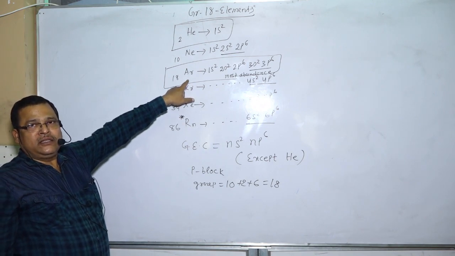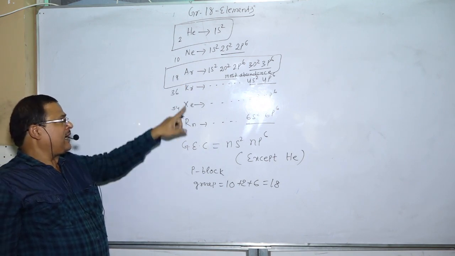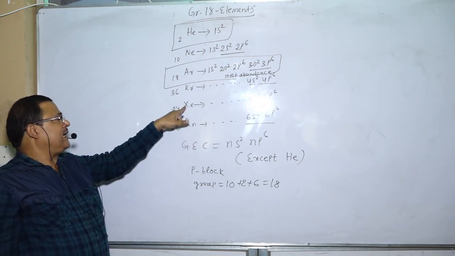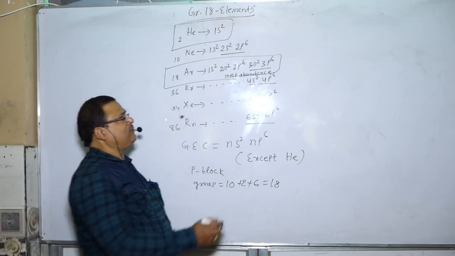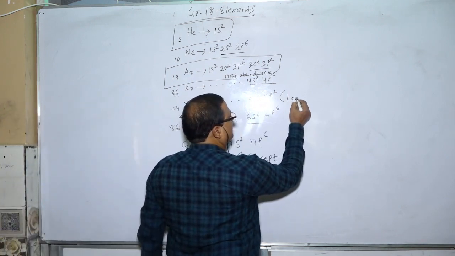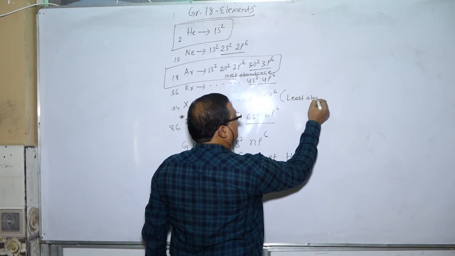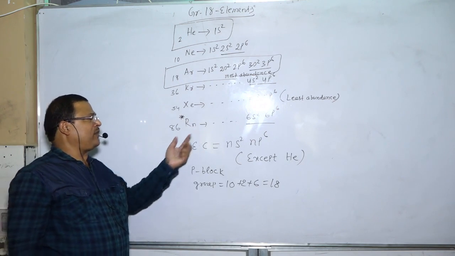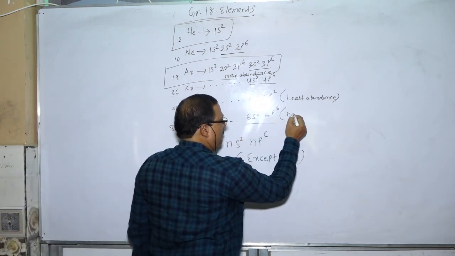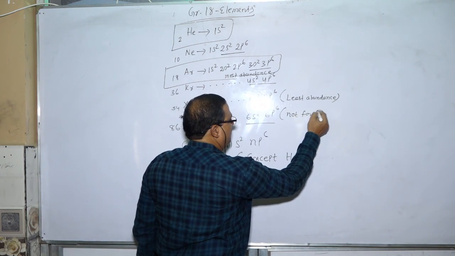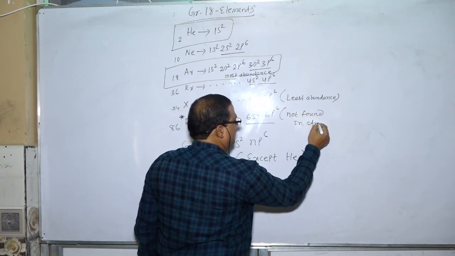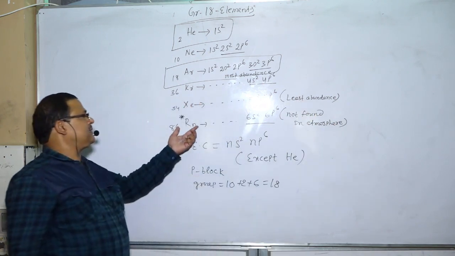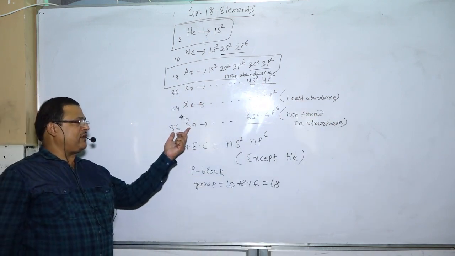Argon is the most abundant gas, and xenon is the least abundant. Radon is not found in the atmosphere, and it is obtained from radioactive decay.